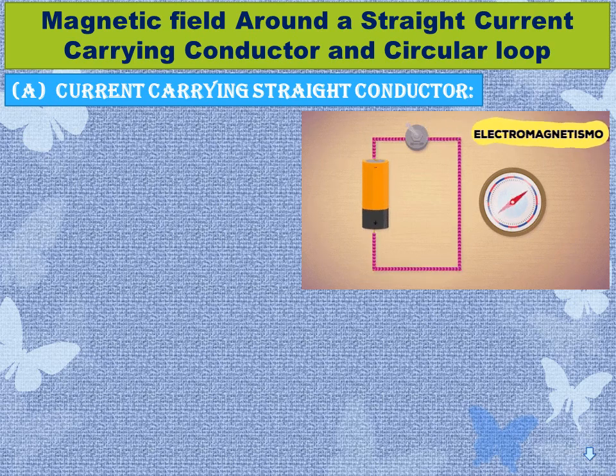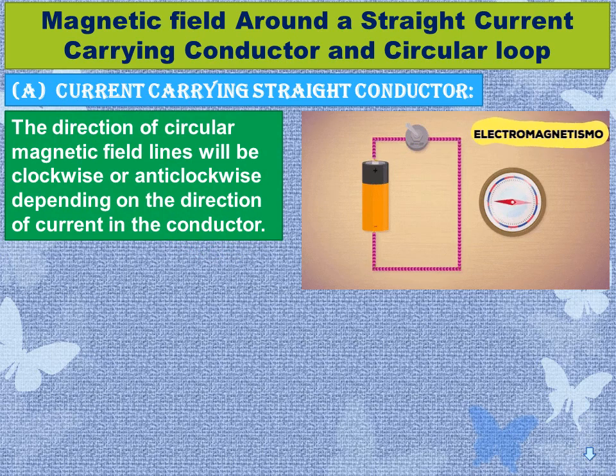Tracing out the direction shown by the magnetic compass, we can draw the magnetic field lines at a distance, and for a straight current carrying conductor, the nature of magnetic field is like concentric circles having their center at the axis of the conductor as shown in the figure.